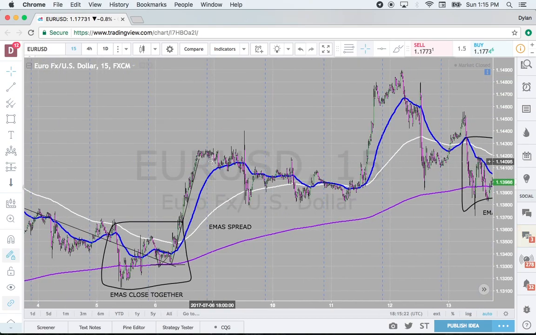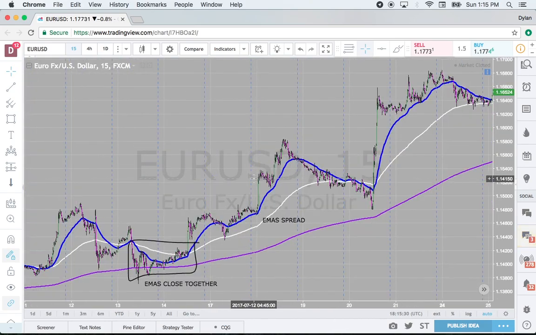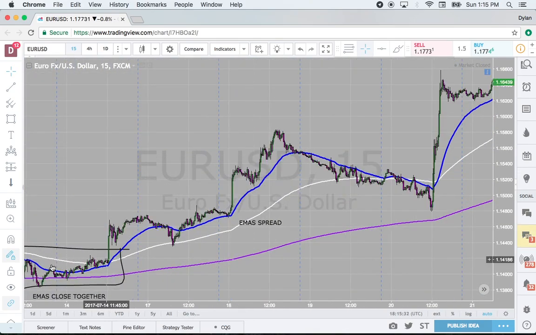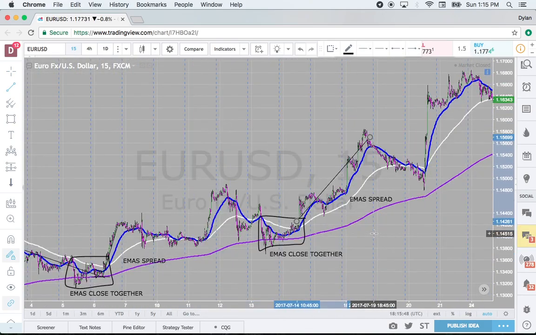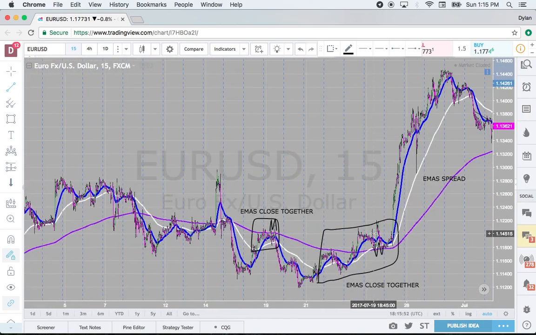Basically, you can see they spread out very violently when the trend is very volatile. So once again, EMAs were close together. Upon that breakout, the EMAs started to spread out, and then the trend continued in that upward direction.